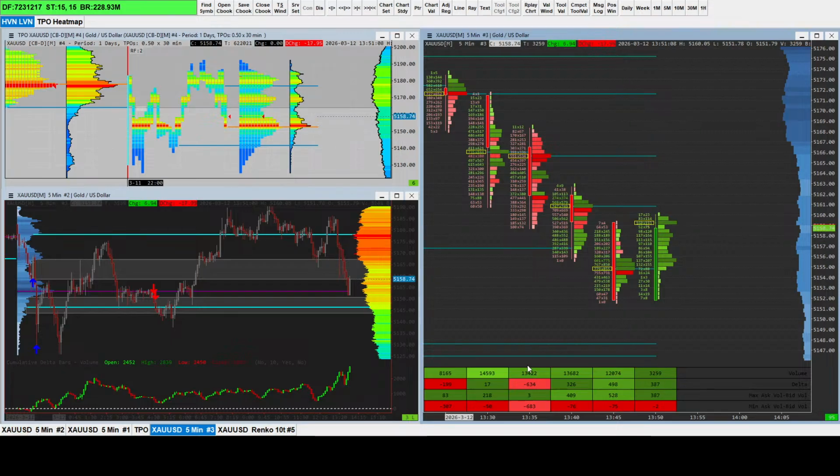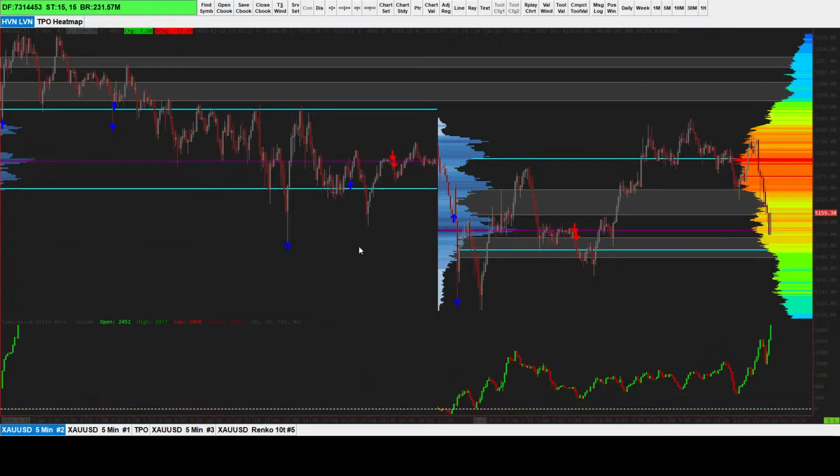Nothing. Nada. Look at that. Look where the candle came. This is the end of the distribution. Expect buyers here.